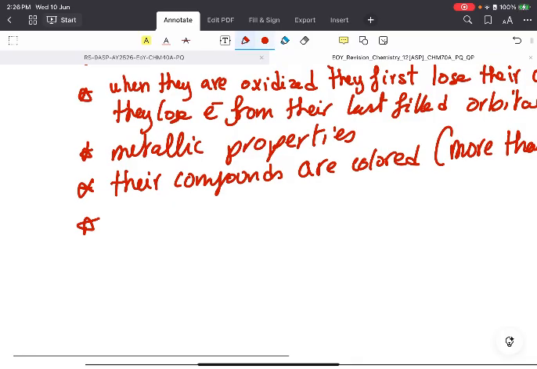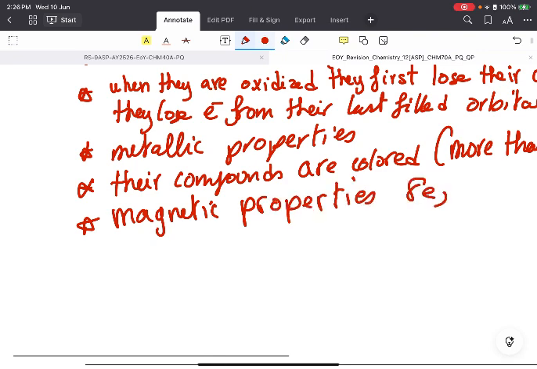They exhibit magnetic properties, basically three of them: iron, nickel, and cobalt. These are the ones that have magnetic properties.